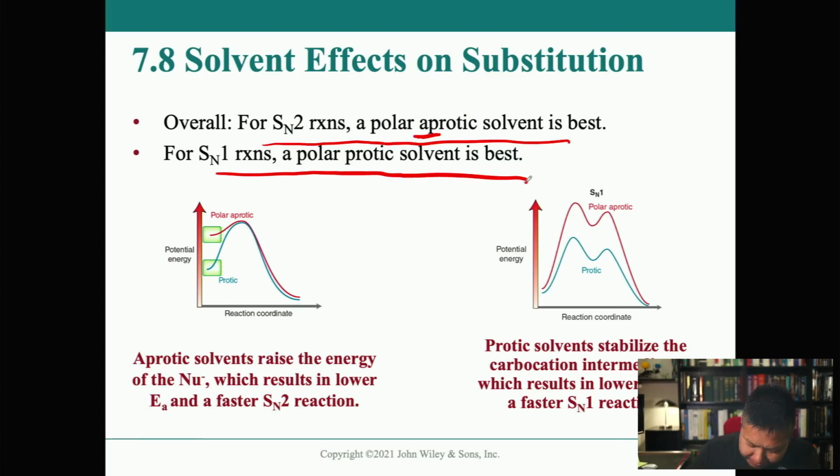You can see here in this potential energy diagram, for an SN2 reaction, a polar aprotic solvent actually increases the potential energy of the nucleophile, making the energy of activation for the nucleophile and the reactant much smaller than it would be in a protic solvent. That energy of activation is much higher in a protic solvent. So aprotic solvents raise the energy of a nucleophile.